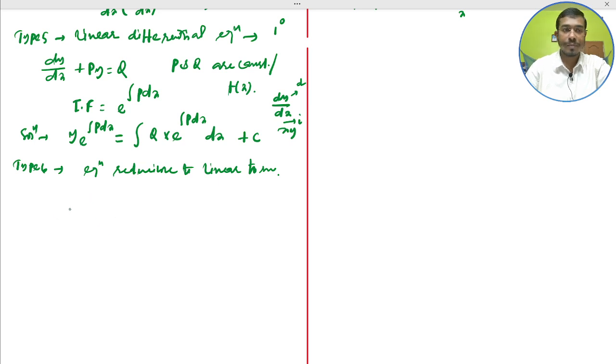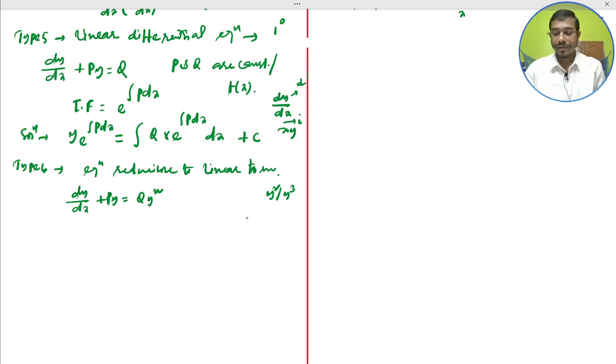Here is the form: dy/dx plus Py is equal to Q into y to the power n. This is non-linear because the power of the dependent variable is more than 1. Basically y square, y cube, this is a non-linear differential equation.